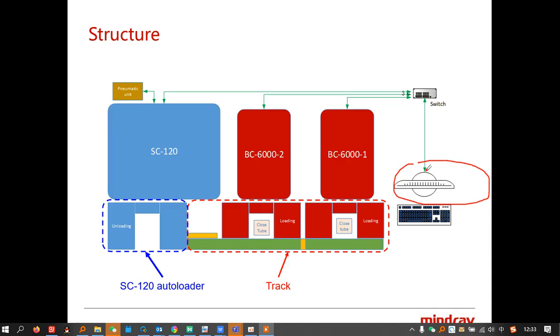And the CMU on the PC will send the instruction to the main control board of the SC120, and the SC will distribute the instruction to the autoloader and the dual buffer check.